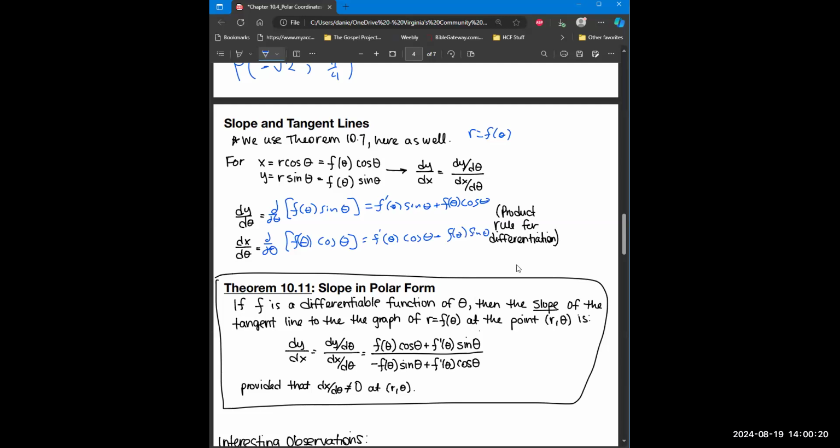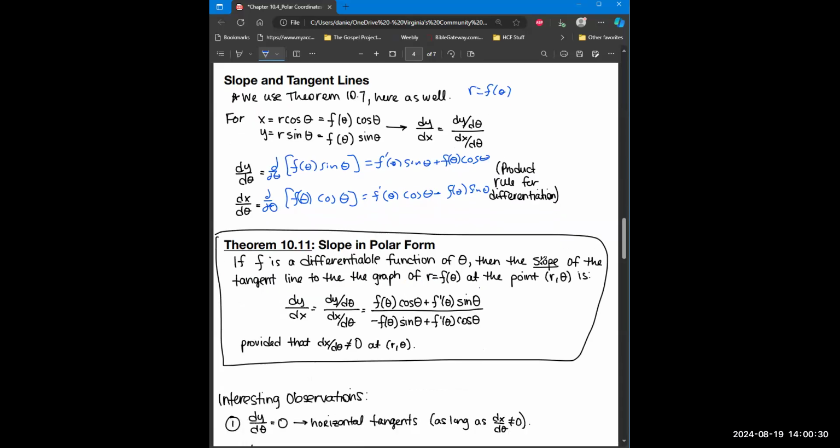Then I take my dy divided by my dx to get my definition for dy dx, just like we did with parametric equations before. So if f is a differentiable function of theta, then the slope of the tangent line to the graph at r equals f of theta at the point (r, theta) is dy dx equals dy d theta divided by dx d theta.